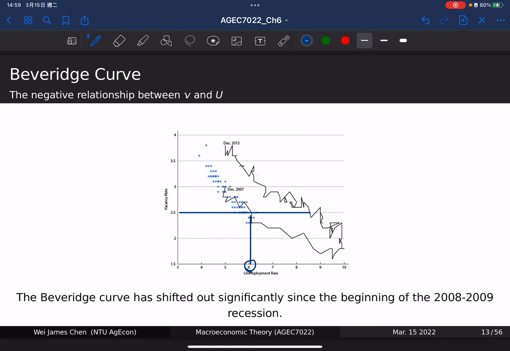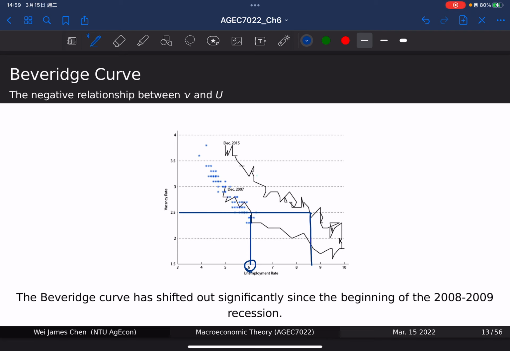But right now, it's going to be around 8.6%.